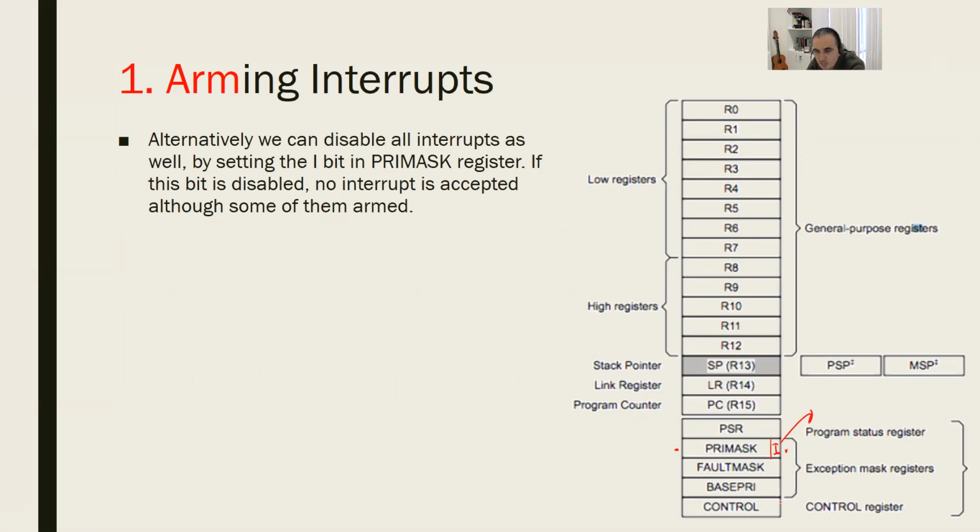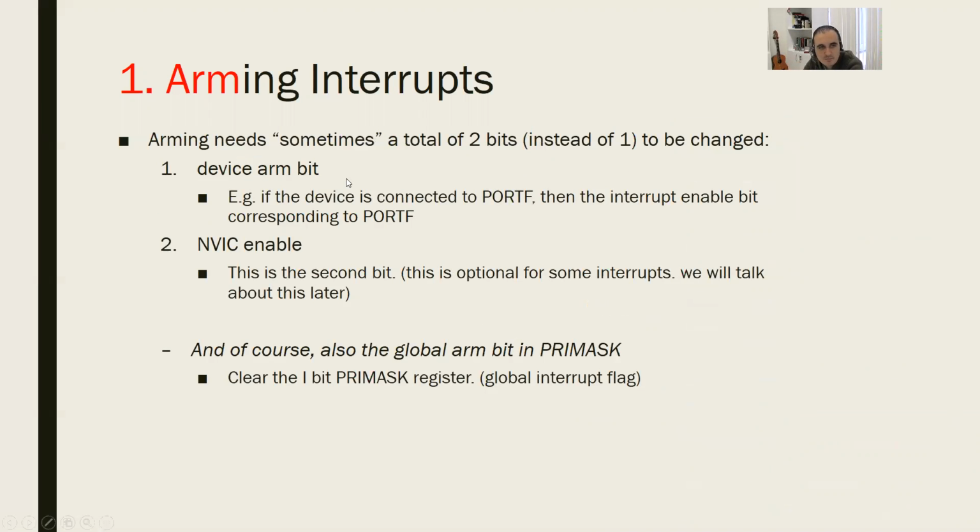If you change this bit, you globally enable or disable all the interrupts. Okay? How to change it? Which instruction to use? We will get there. Okay? I'm trying to show you where, architecturally, this register and so-called bit is. It's somewhere in the functional registers.